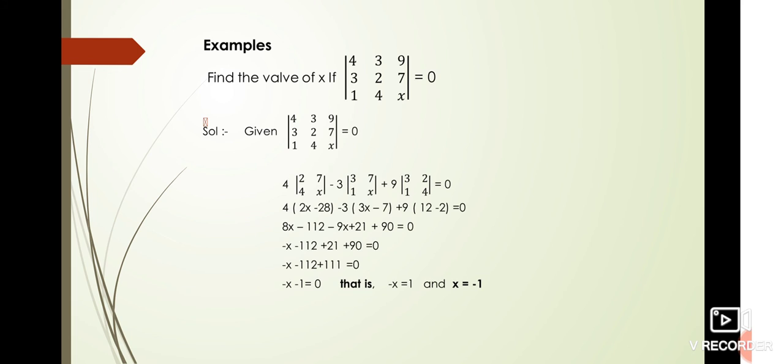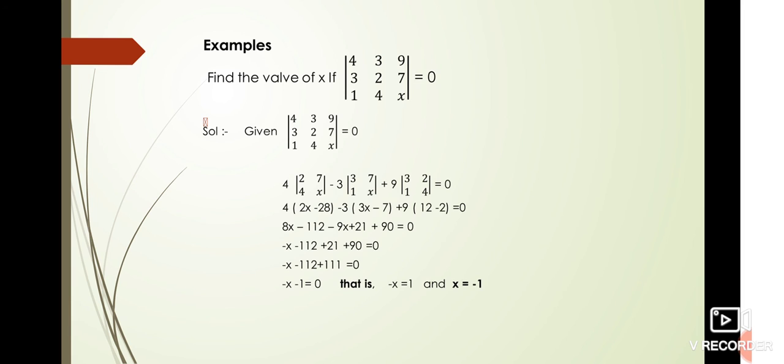Now the calculation is that 4 multiplied in the bracket, 4 into 2x is a 8x, minus 4 into 28 is a 112, minus 3 into 3x is a 9x, minus minus plus 3 into 7 is a 21, plus 9 into, in a bracket calculation, 12 minus 2 is a 10, 10 into 9 is a 90, that is equals to 0.